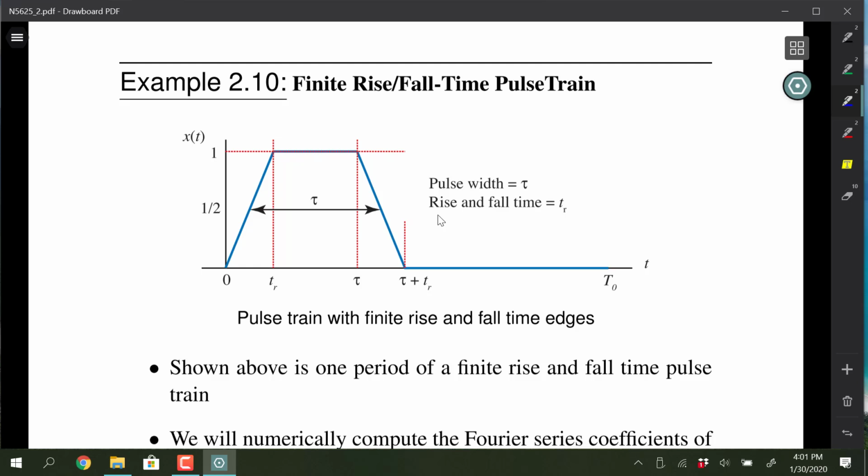And why I chose this pulse is, in logic circuits, or logic circuit electronics, you know that the rise and fall time on a logic family is not instantaneous, right? If you zoom in on the scope, you see it rises up, falls down. Let's just get an idea about what sort of rise and fall times a logic family has, and how that is going to alter the harmonic content of, say, a clock waveform that has a finite rise and fall time.